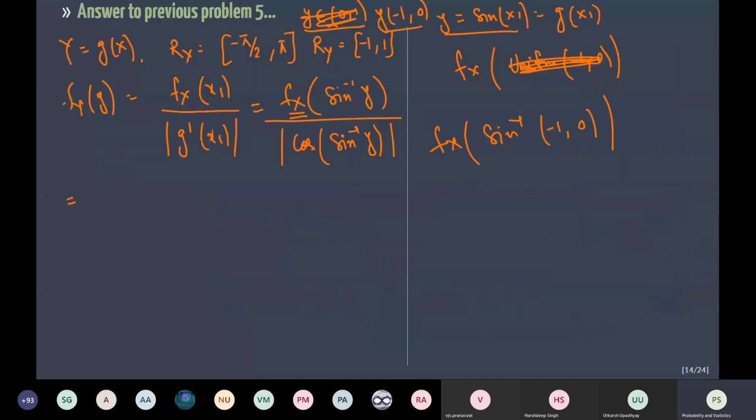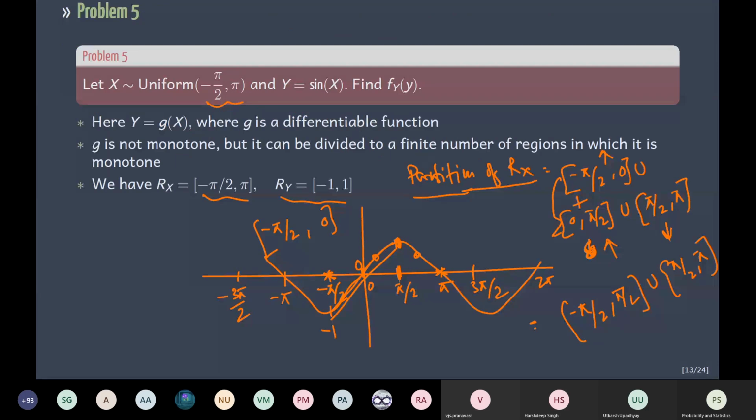Sine inverse y, if I restrict my y to -1 and 0, then -1 to 0, or let's see.